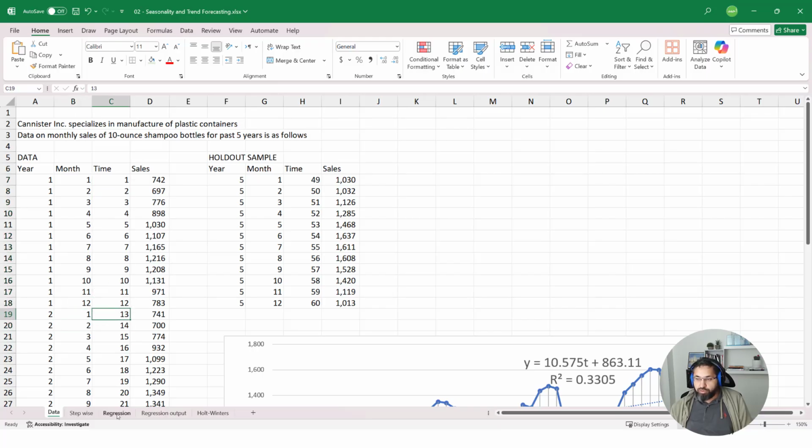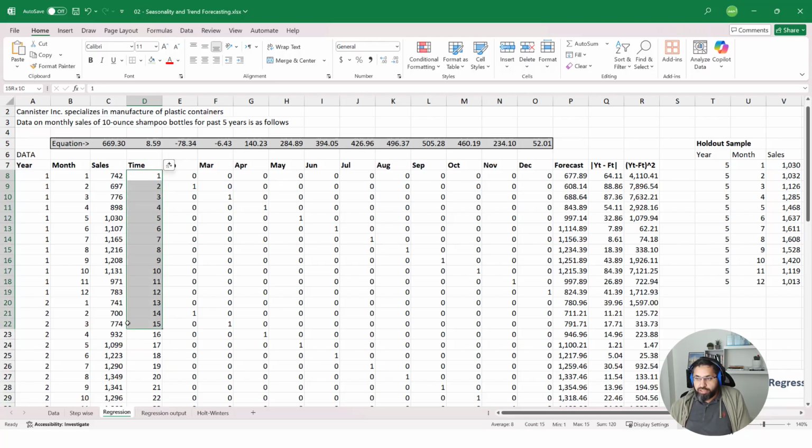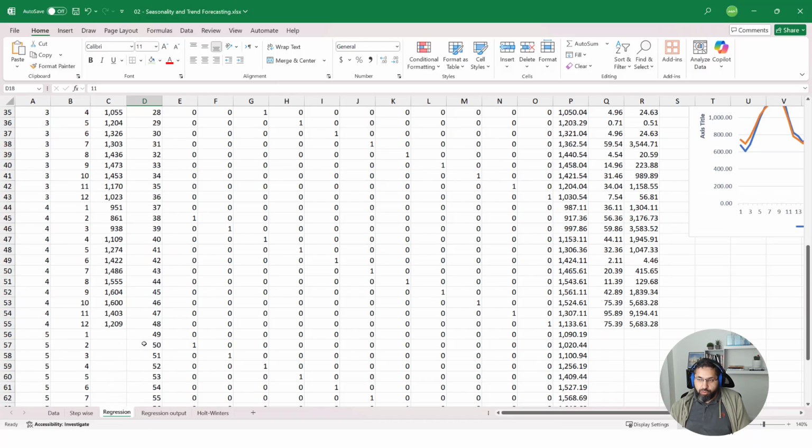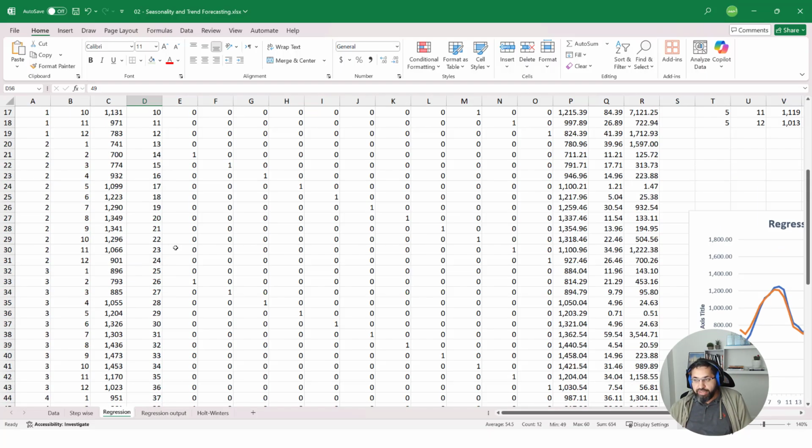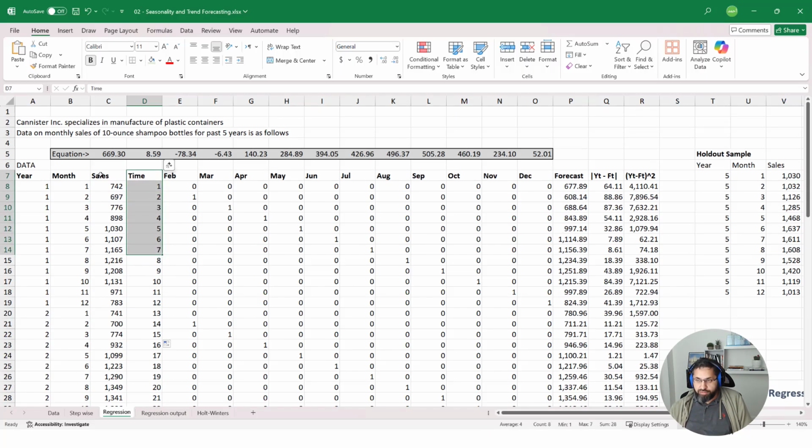So we create this time variable, basically 1, 2, 3. If you type 1, 2, 3 and drag it down, Excel automatically fills it by incrementing the number, and you just drag it down all the way. We took 4 years of data, and we saved 1 year of data as a holdout sample to test our final model. In any case, so you have time, you have sales.